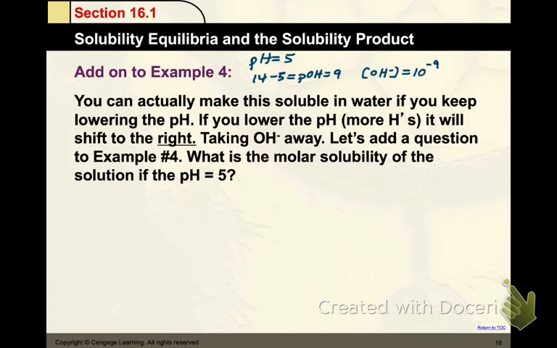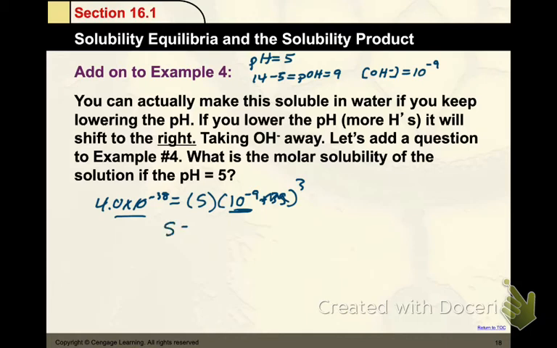So plugging into the Ksp, we'll have 4.0 times 10 to the minus 38 again, equal to the Fe3 plus, which is still going to be S, times (10 to the minus 9 plus 3S) cubed. Now we can once again simplify this by dropping that out, because this and this are so far different that S is going to be very small and not subtract or add much to that.